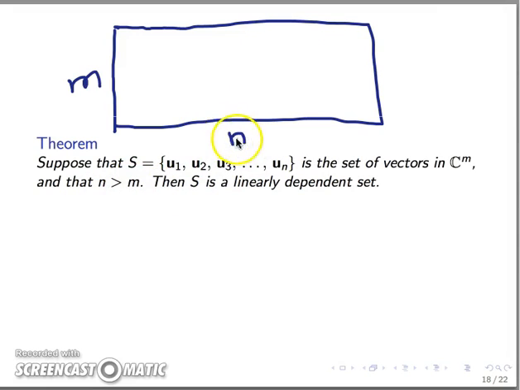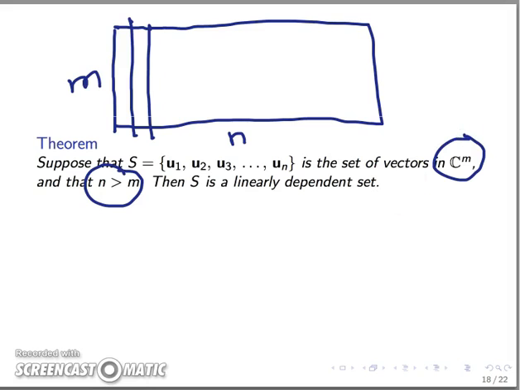And so when you have this scenario where n, the number of columns, exceeds the number of rows, that's exactly what the matrix would look like. It's a matrix that has more columns than rows. And each of these columns in this matrix is an element of Cm, right? So each of those has m entries. So immediately this establishes that there will be linear dependence for this set of vectors.